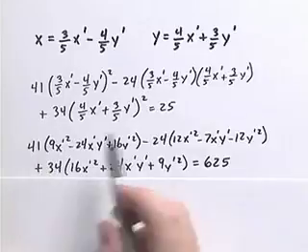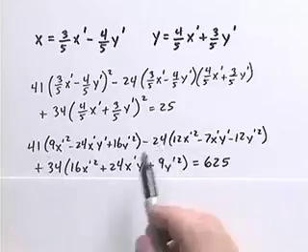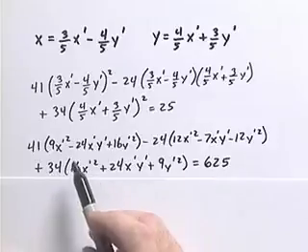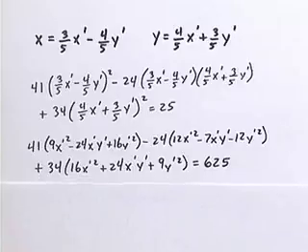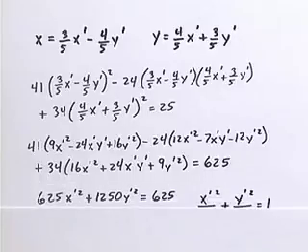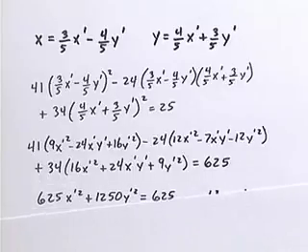If we distribute our 41, the negative 24, and the 34, and then simplify by collecting like terms, a lot of stuff will go away.